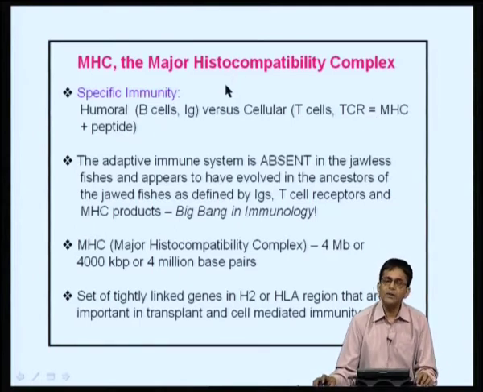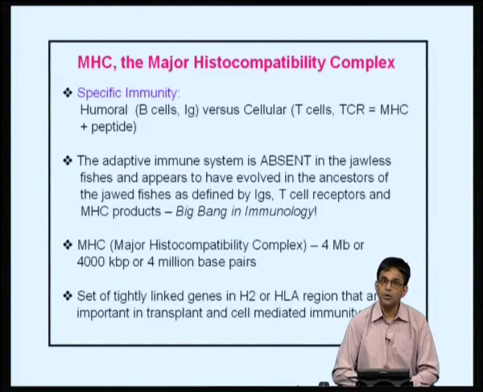An important point in terms of evolution is that the adaptive system is absent in jawless fishes and lower organisms. However, it appears to have suddenly arisen in jawed fishes. And so, in jawed fishes you have immunoglobulins, you have the T cell receptor, and you have the MHC products.